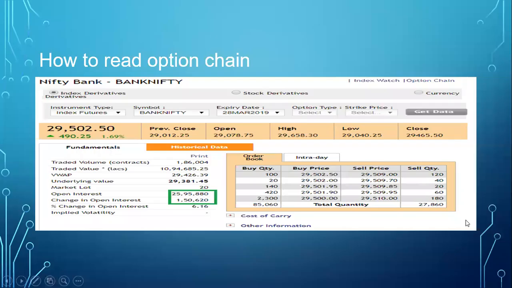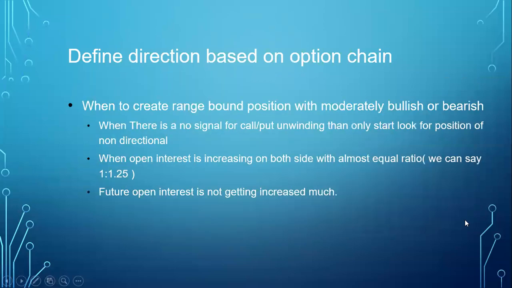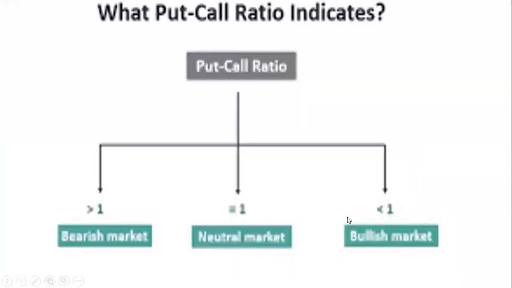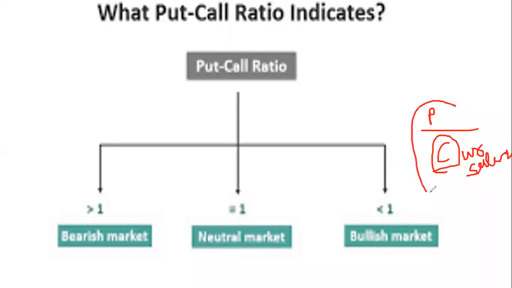So if this ratio is less than 1, then we say that the market is bullish. Why? Because less than 1 means the call writers are powerful. Call writers, call sellers, they are powerful. Therefore, this ratio is less than 1.